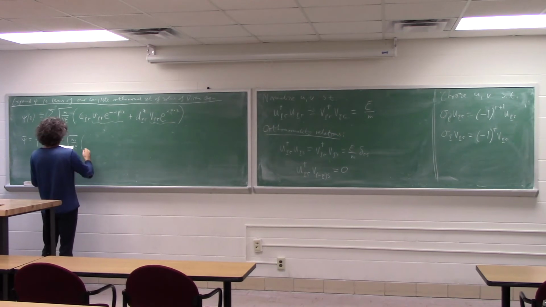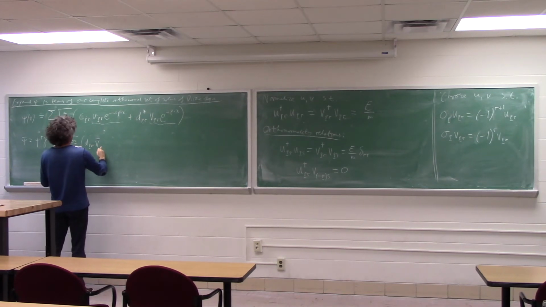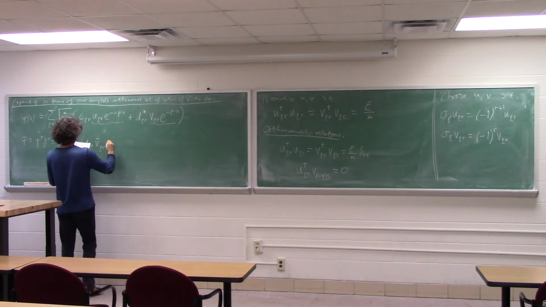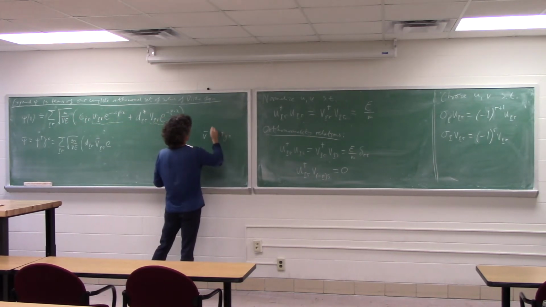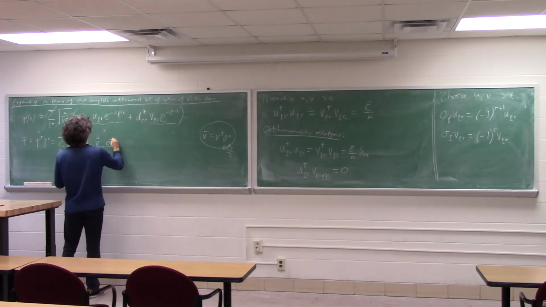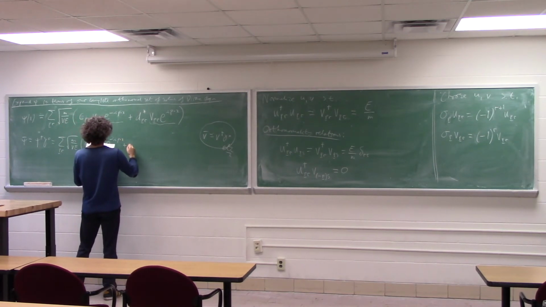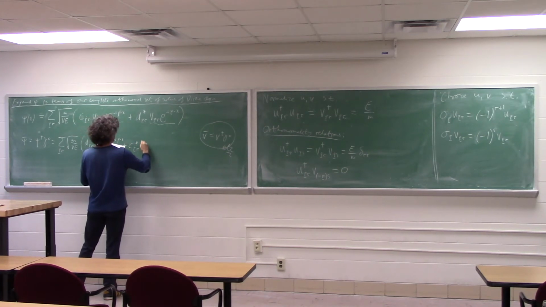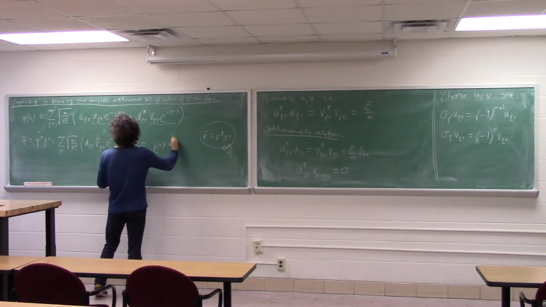Anyway, you should be able to see that this is equal to d_pr v bar_pr e to the minus i p dot x, where v bar is of course v dagger gamma 0, etc., plus c_pr star u bar_pr e to the i p dot x.